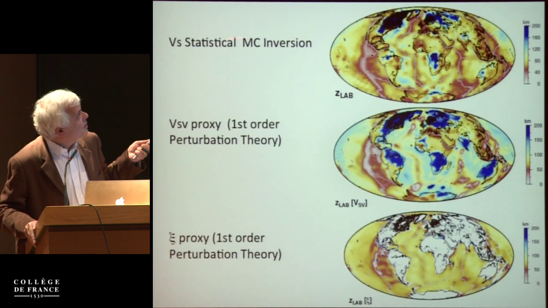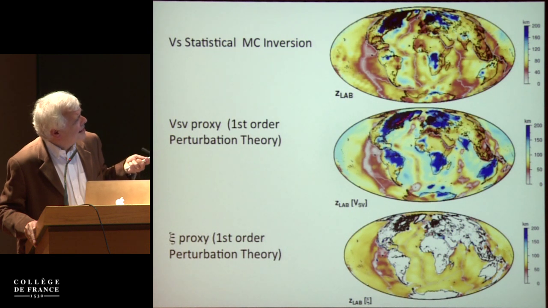If we look at the comparison between Monte Carlo inversion and first-order perturbation theory, for oceans we had very good agreement. For continents, it's not so evident because we tend to have a thicker lab when we are using first-order perturbation theory.